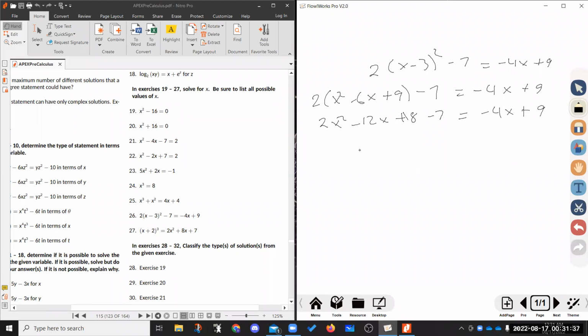And bring everything over to the left-hand side. So plus 4x minus 9 is equal to 0. It's going to give me 9 minus 7 is 2. Negative 12 plus 4 is negative 8.